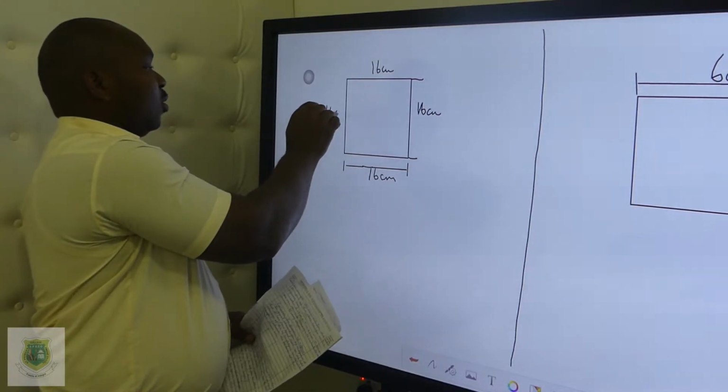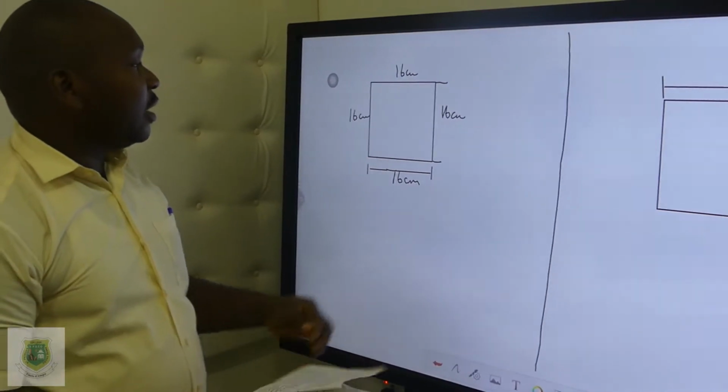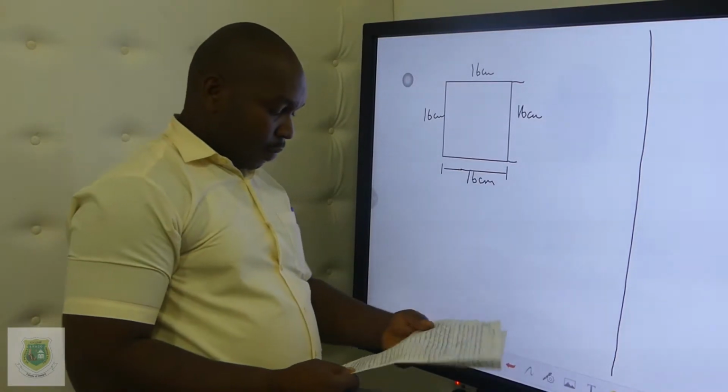Every side is equal to 16 because this is a square. And one of the properties of a square is that all the sides are equal. In our previous lesson, we learned that.